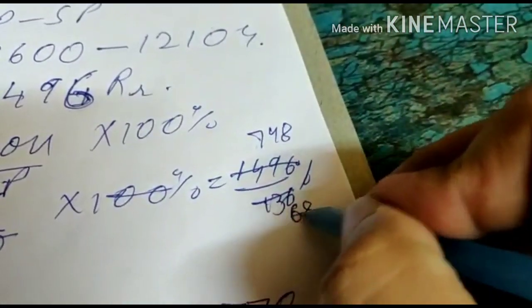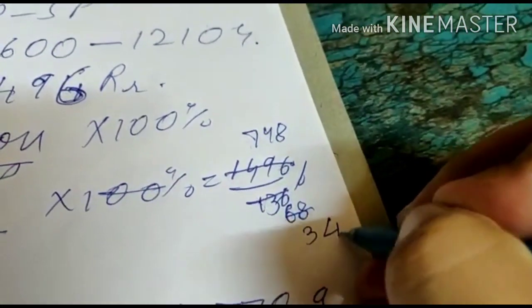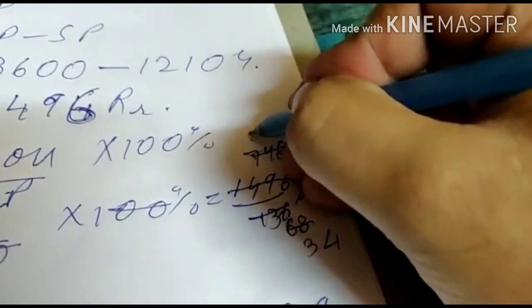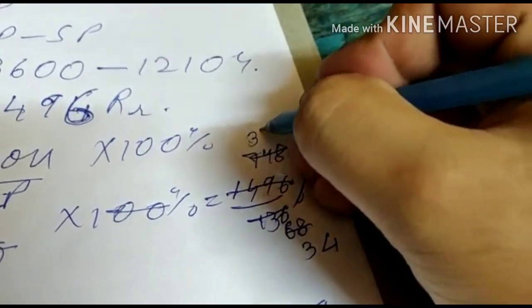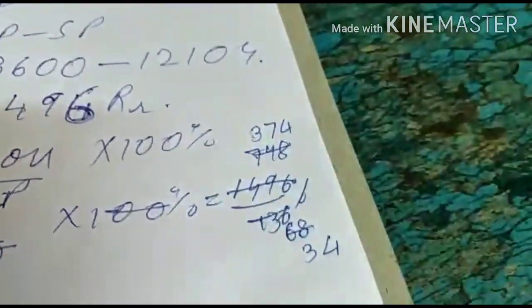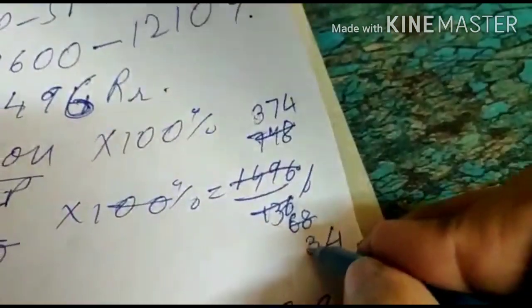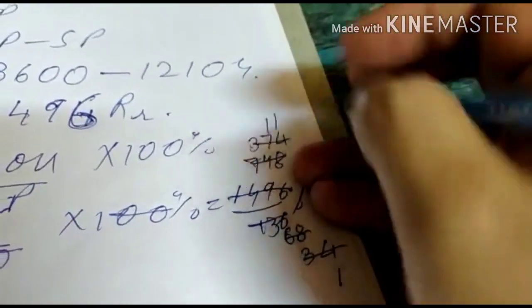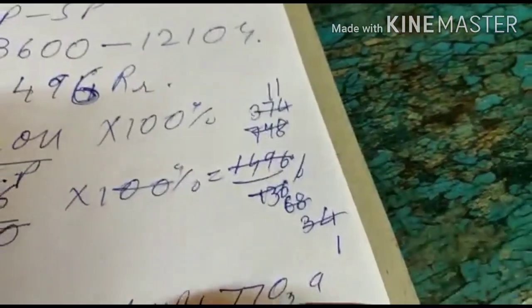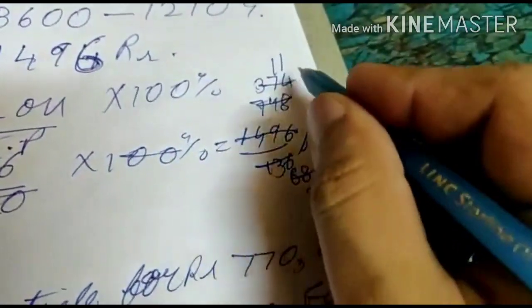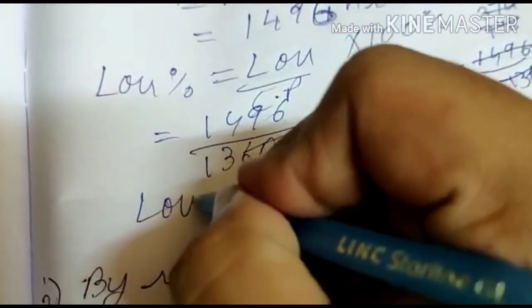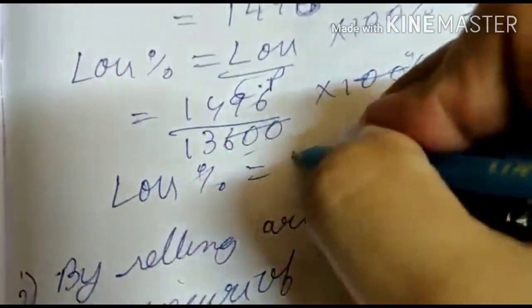Then by 2, 34, then by 2, 374. Now 34 ones are 34 and 34 11s are 374. So it is 11 upon 1. So loss percent equals 11%.